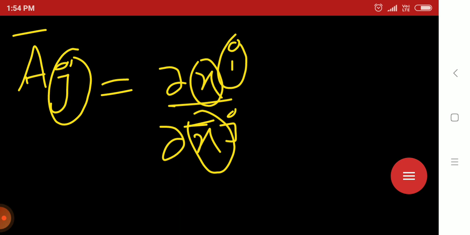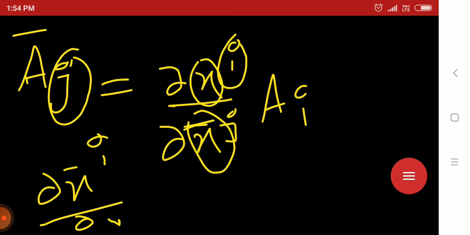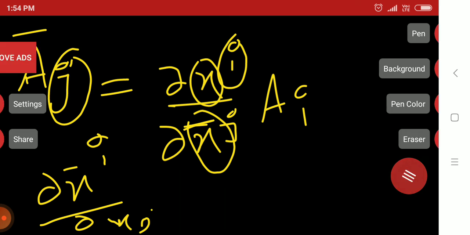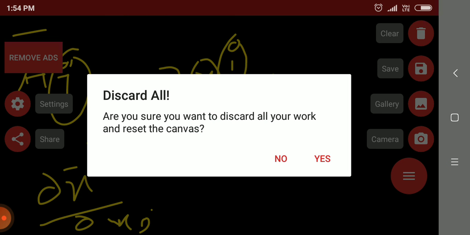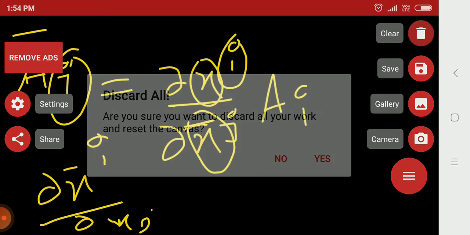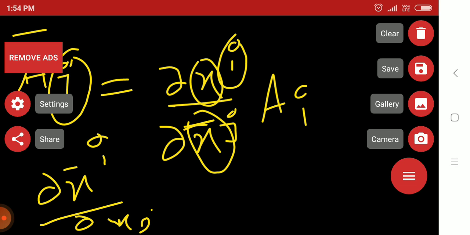But with respect to x̄, the components are changed in the numerator and denominator. In the previous contravariant tensor, we were writing ∂x̄^i/∂x^j, with x̄ in the numerator, and now we are writing x̄ in the denominator. So this is contravariant, this is covariant.